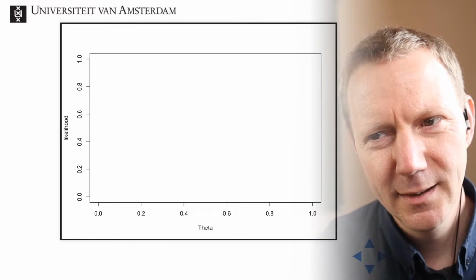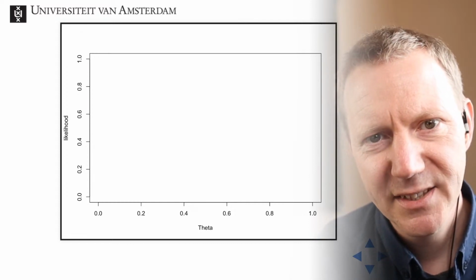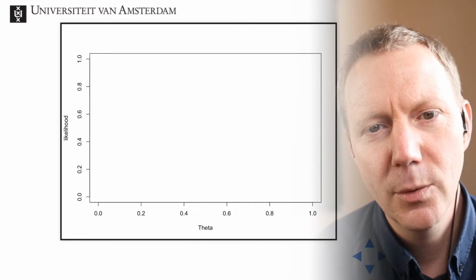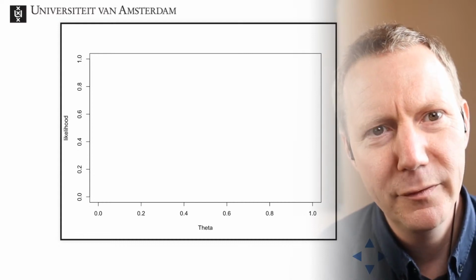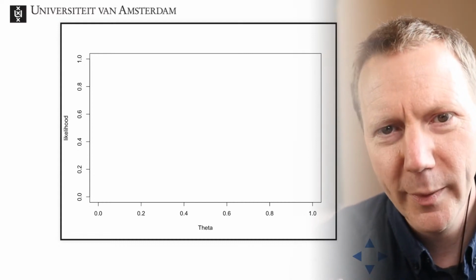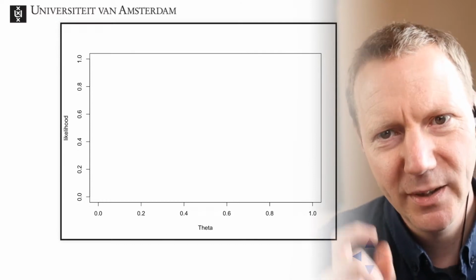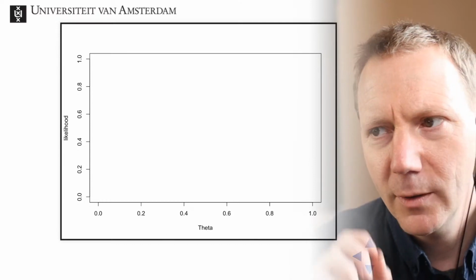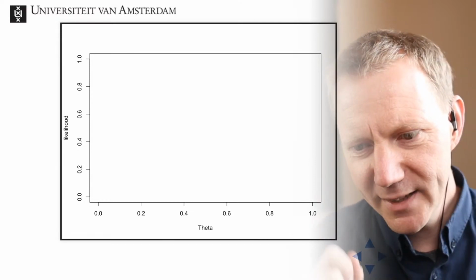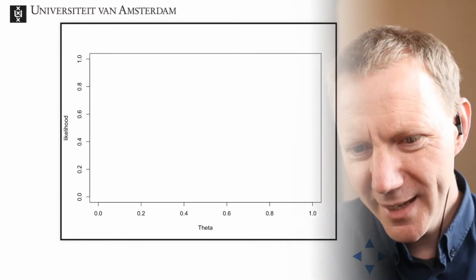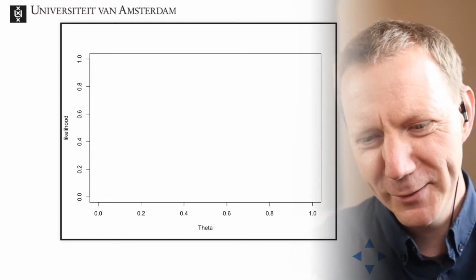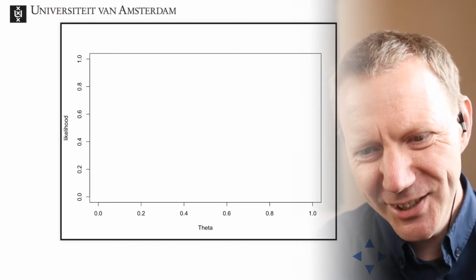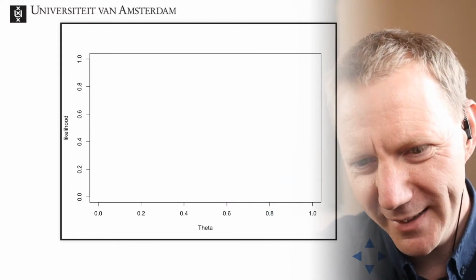Yes, but what's on the x-axis now? On the x-axis, it's theta. Your belief in what the probability of landing heads actually is, your theta. So I want you to write that down, and then when you're done, show it to the camera. You all have to turn on your camera and show me the drawing that you made.